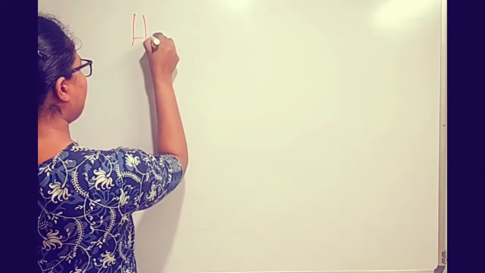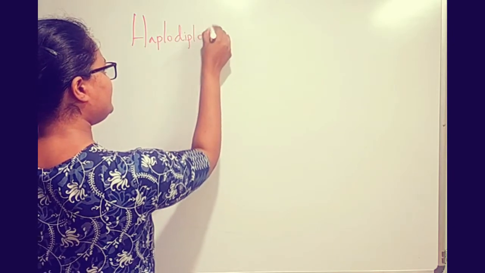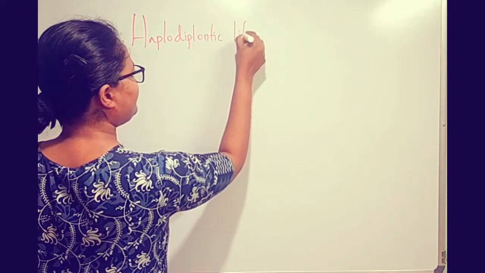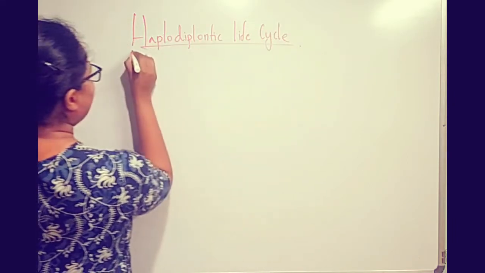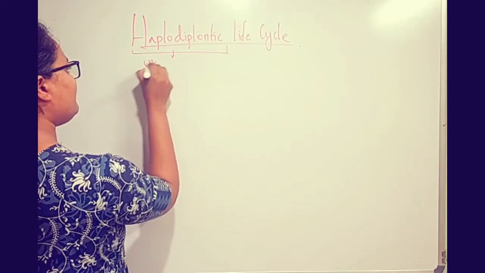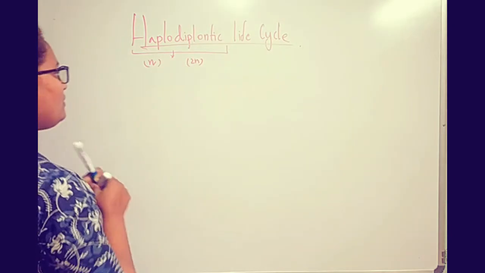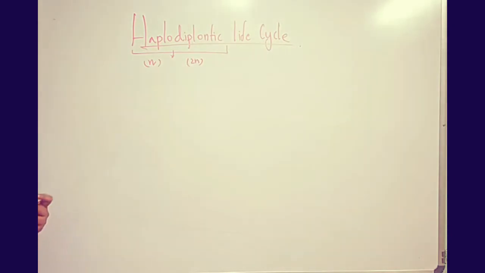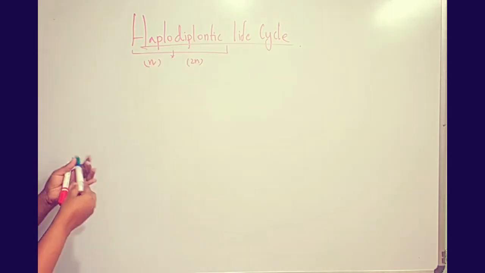And the last concept, that is the haplodiplontic life cycle, where they contain both haploid stage and diploid stage. They show a great alternation of generations with the haplontic stage as well as the diplontic stage.